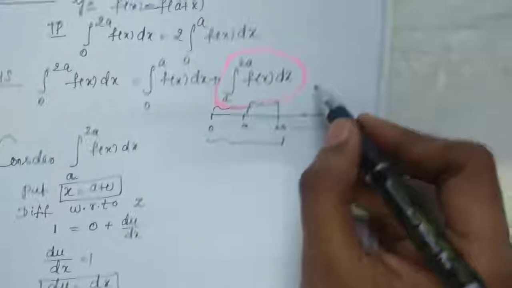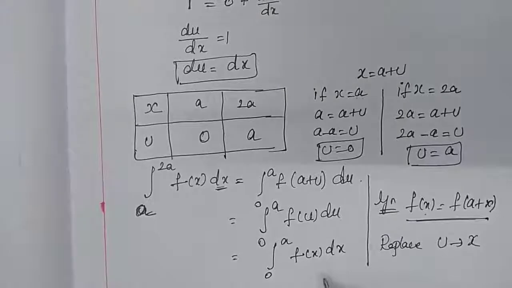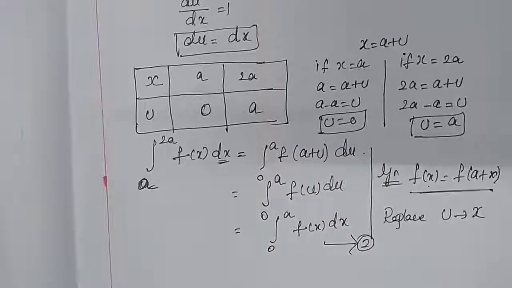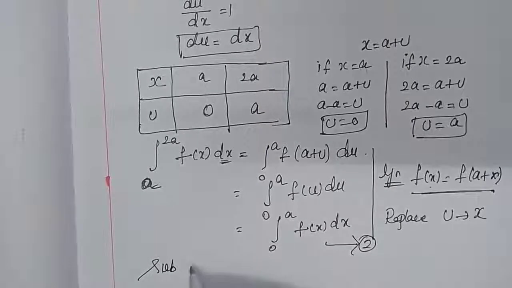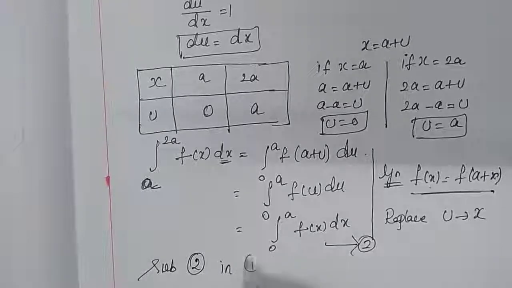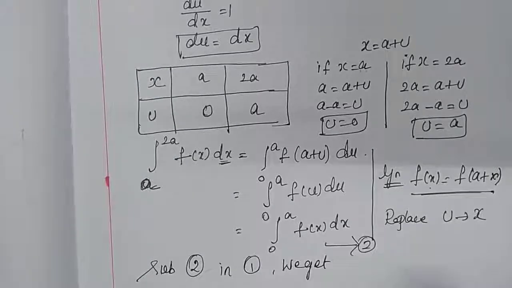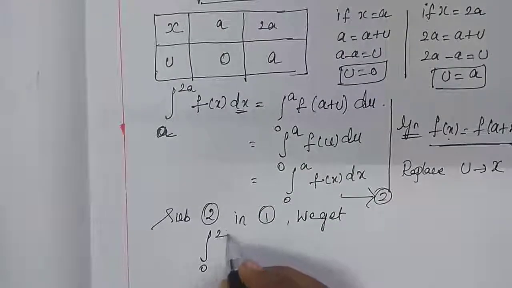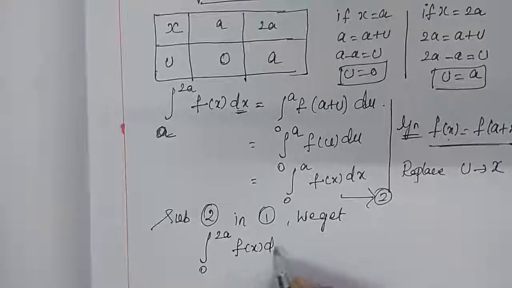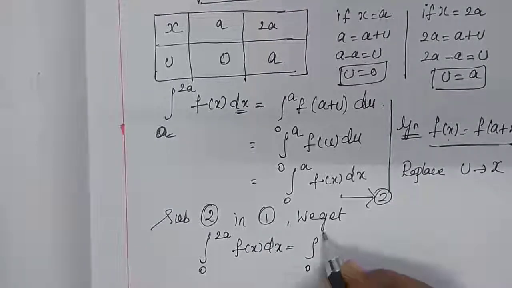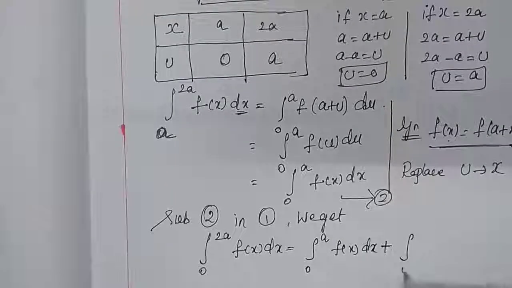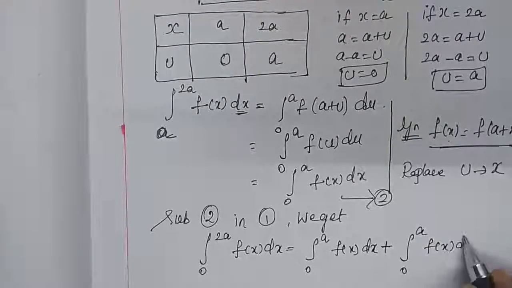Note that the first line is equation number 1, and the result we just got is equation number 2. So substitute the result 2 in 1. The left hand side, the integral from 0 to 2a of f of x dx, is equal to the first term, the integral from 0 to a of f of x dx, plus the second term, the integral from 0 to a of f of x dx.